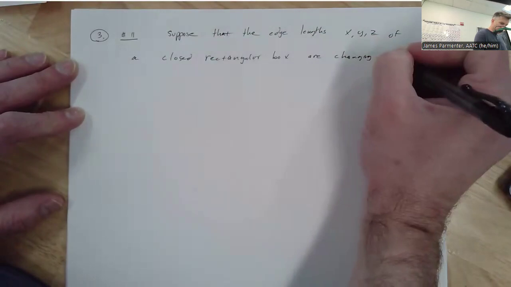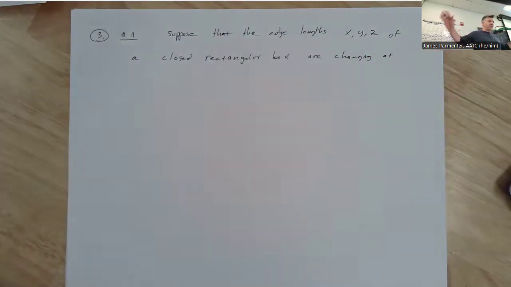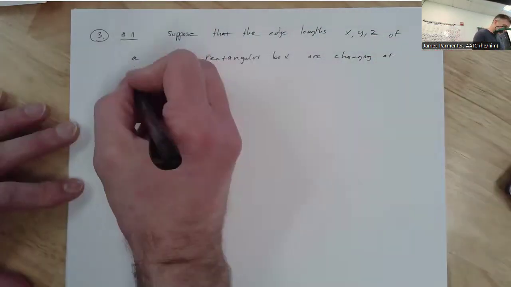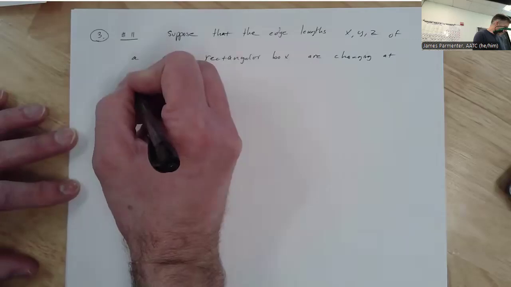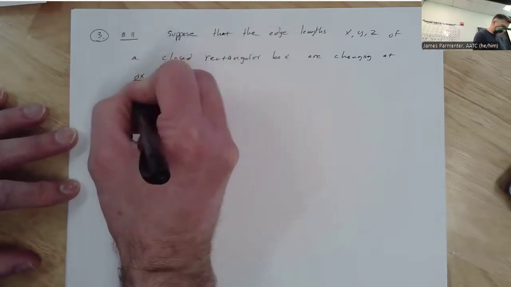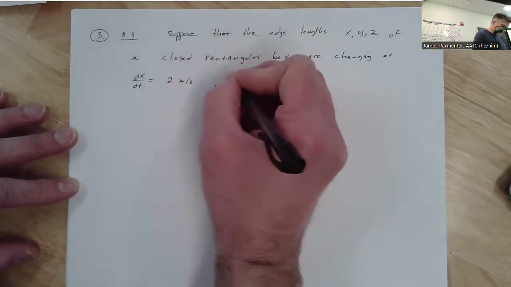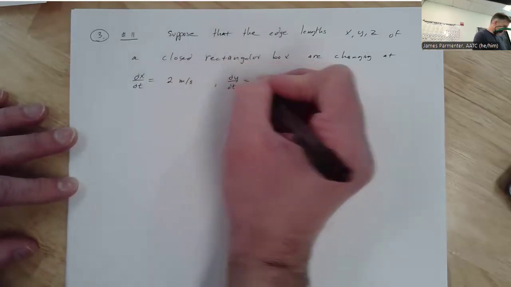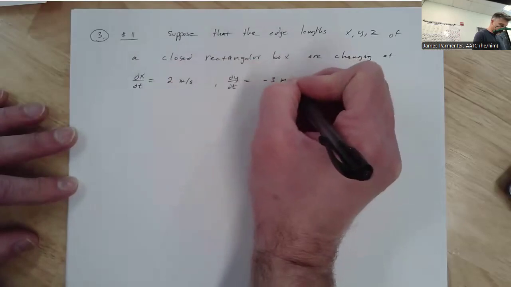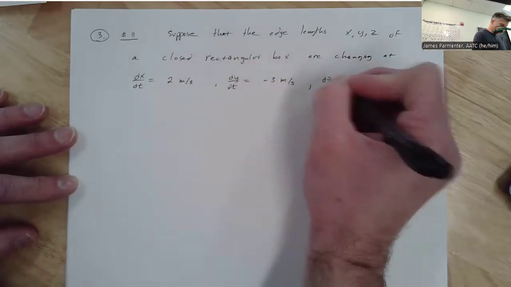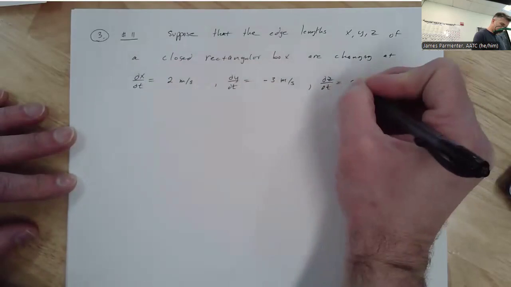It always seems weird to me to think about a box where different sides are changing at different rates, but okay, whatever. We have dx/dt equal to 2 meters per second, dy/dt equal to negative 3 meters per second, and dz/dt equal to positive 2 meters per second.